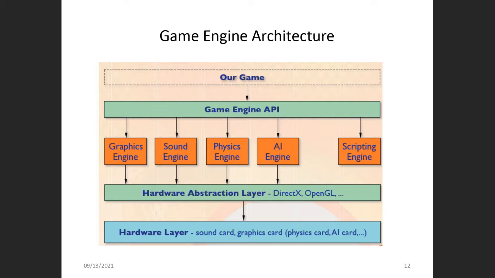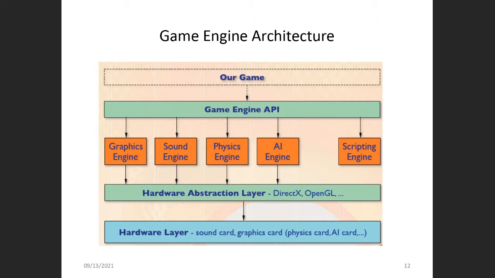Then there is a scripting engine also, but the scripting engine is related to the other engines. It has nothing to do with the hardware abstraction layer because it's just controlling the other things using scripting or coding. On top of it, you have the game engine API. In Unity, this is what we are going to do.